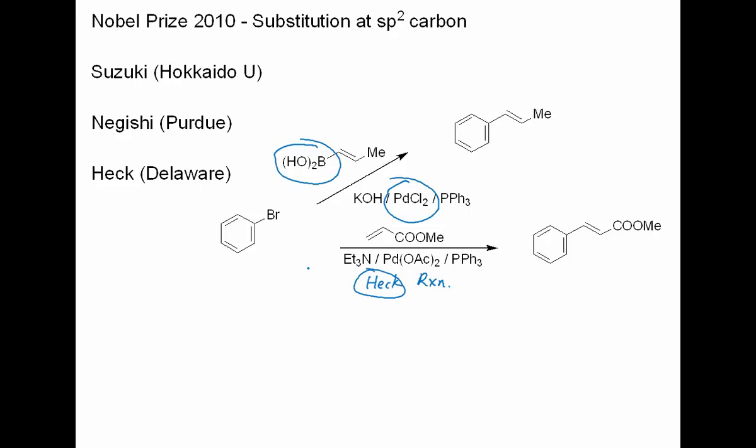But anyway, this is also a nice way to make carbon-carbon bonds at sp2 carbon, through the Heck coupling. Okay, and it really doesn't involve an anion equivalent like we have in the Suzuki reaction, which is the reaction at the top.